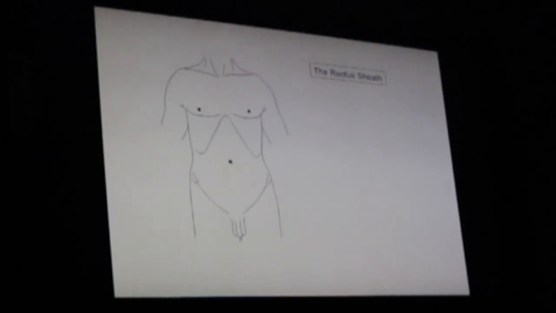Who makes this sheath? Talal. Who makes this sheath? I'm asking you. Me? Yeah. Transversus aponeurosis, and internal oblique and external oblique. Good.